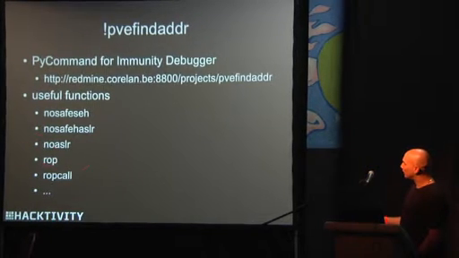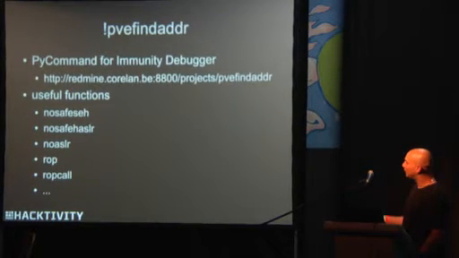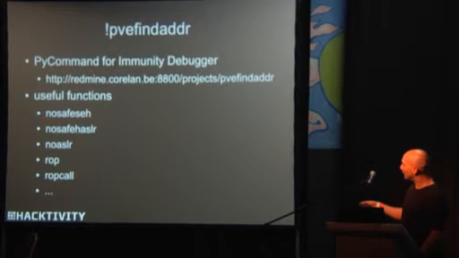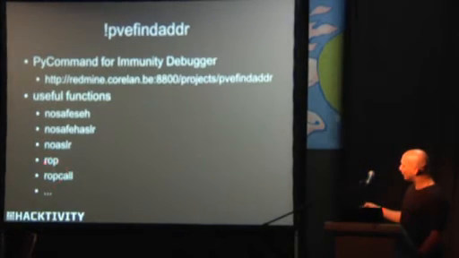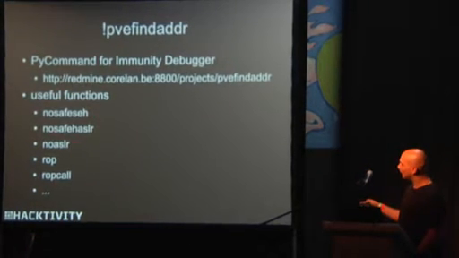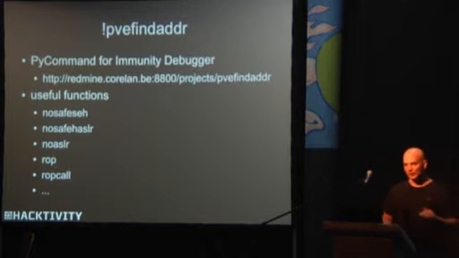We can look for modules like NOASLR, which do not have SafeSEH. We can also mix these parts, and the important thing is ROP and ROP call. And also there are modules that are not protected by ASLR.